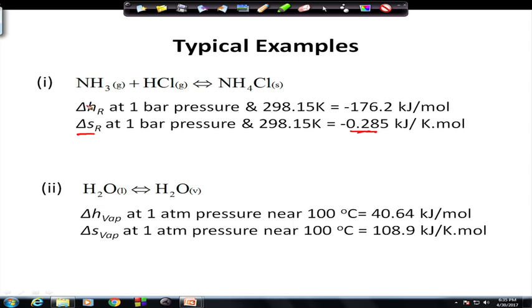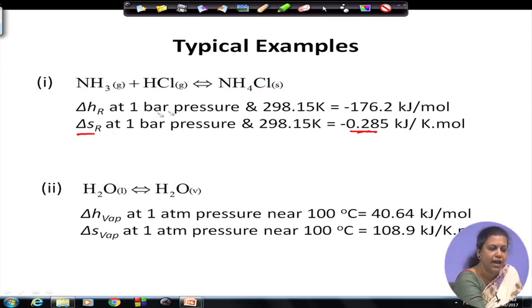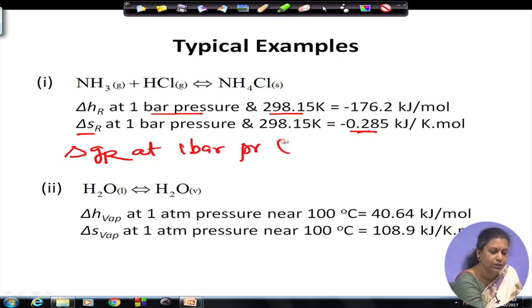But in order to find this out, since this particular reaction occurs under constant temperature and constant pressure conditions, it is important to find out delta Gr at the same conditions of 1 bar pressure and 298.15 Kelvin.